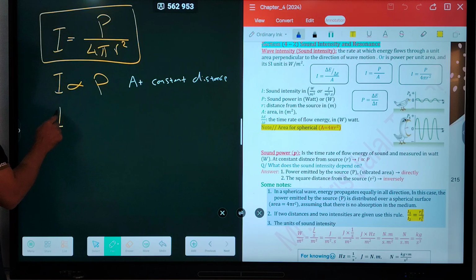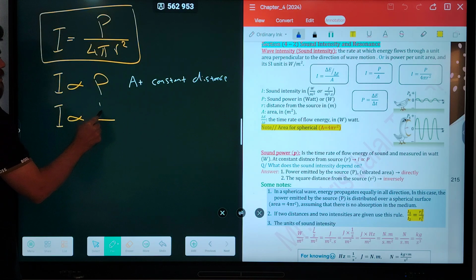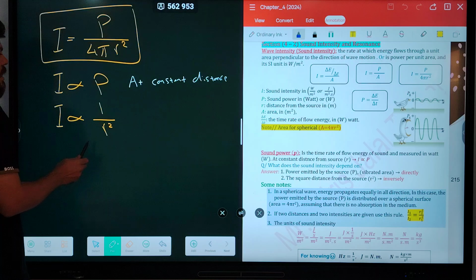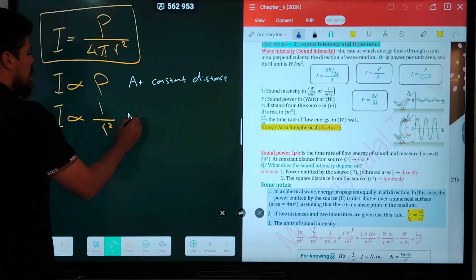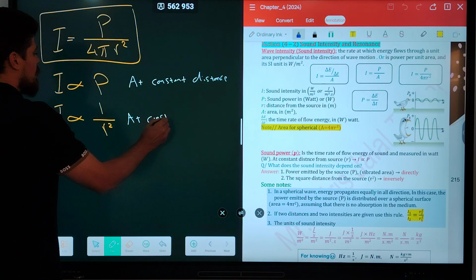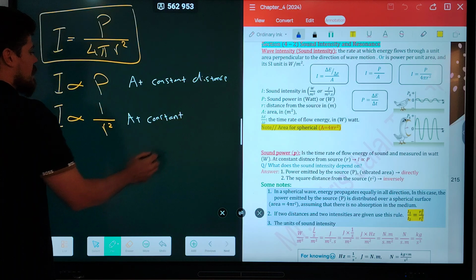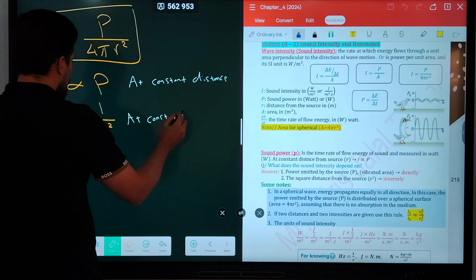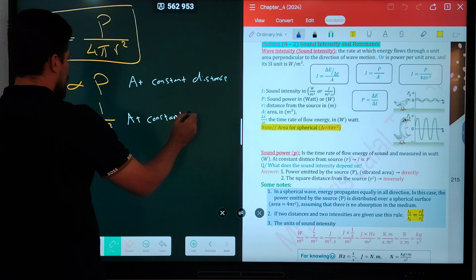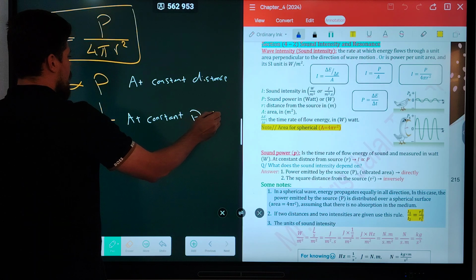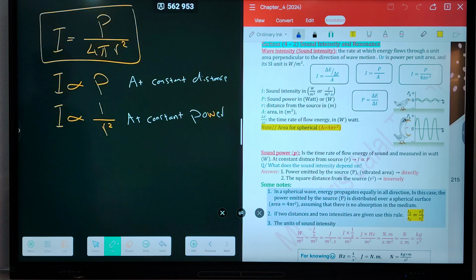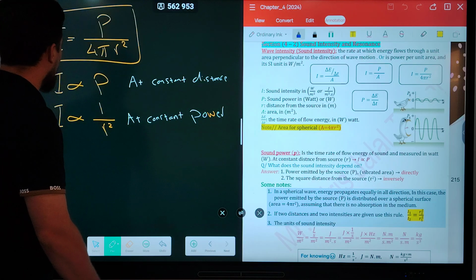What about intensity with distance? Intensity is inversely proportional to the square of the distance at constant power. Or at a given power, intensity is inversely related to the square of the distance. So this is the equation of sound intensity.